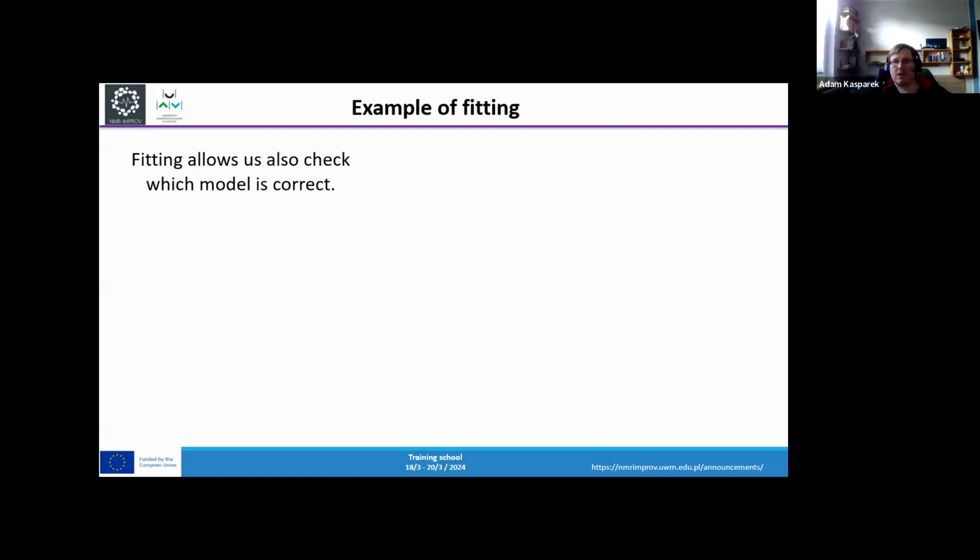For example, one more time, we measured distance and time of the car, but this time we don't know whether it is traveling with no acceleration or with some acceleration.